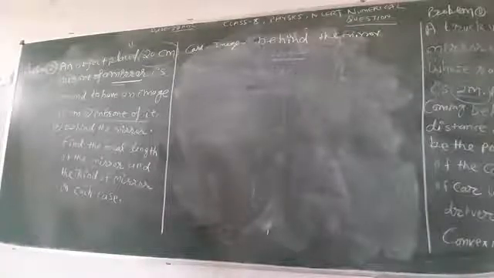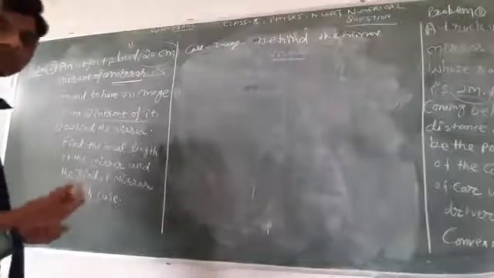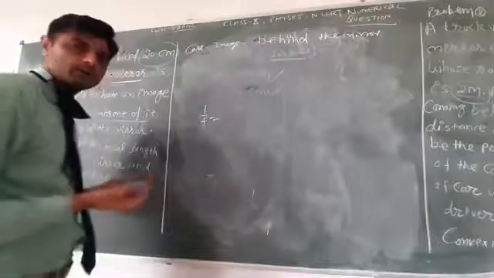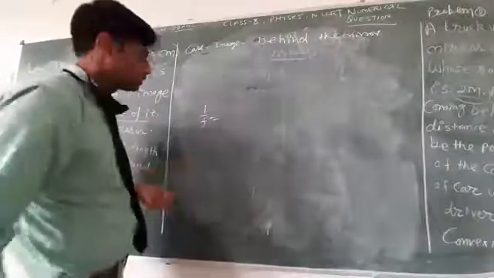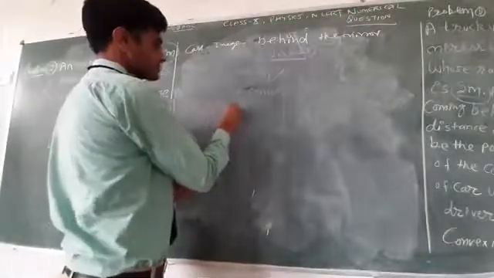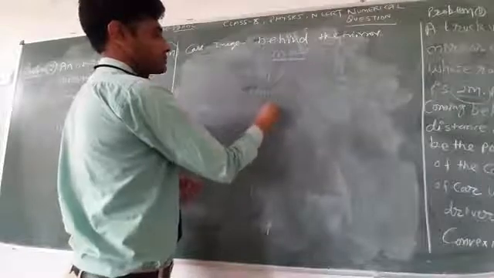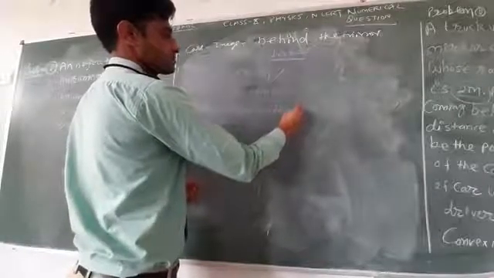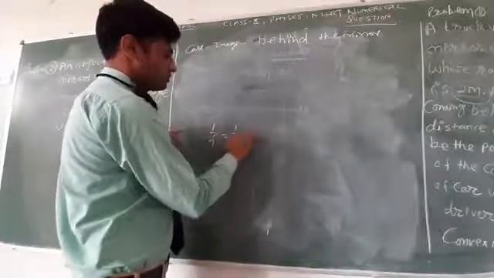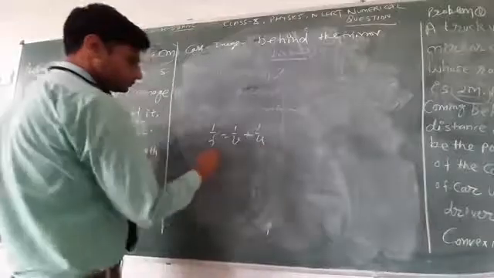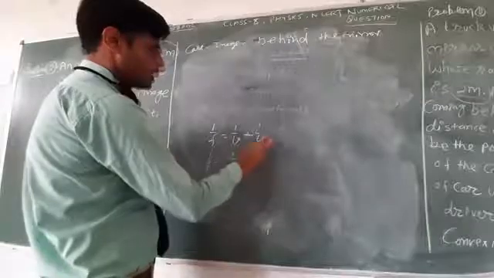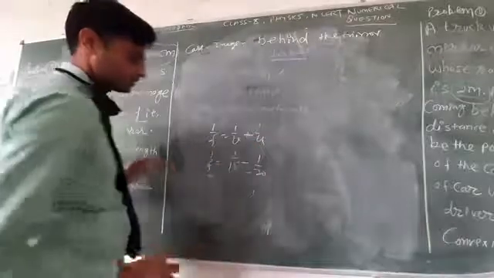Okay, so in this case we have to find the focal length by using the mirror formula. 1 upon F equal to 1 upon V plus 1 upon U. V is 1 upon 15 and U is minus 20.